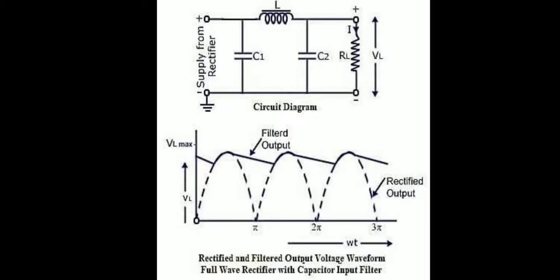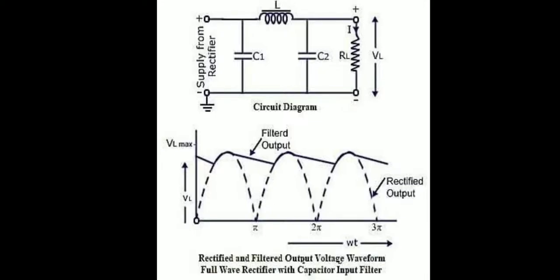Then because of this combination the circuit is large. It also has more weight compared to other types of filters. Because of these combinations it is expensive. So these are some advantages and disadvantages.